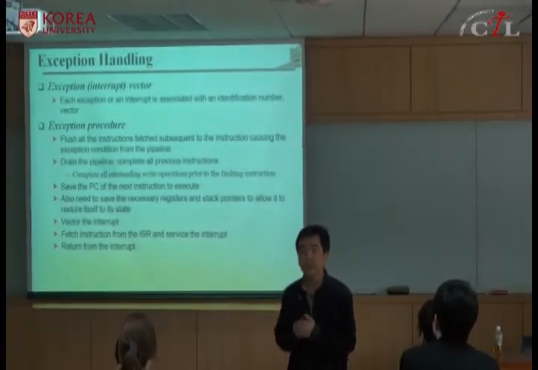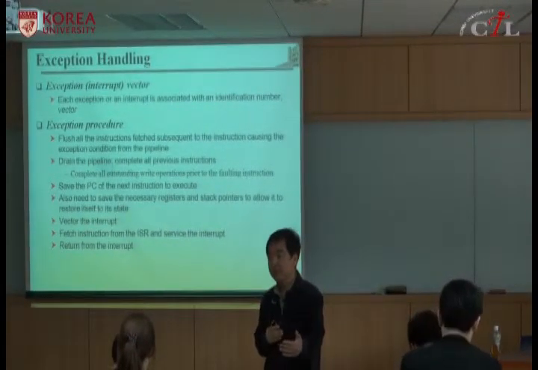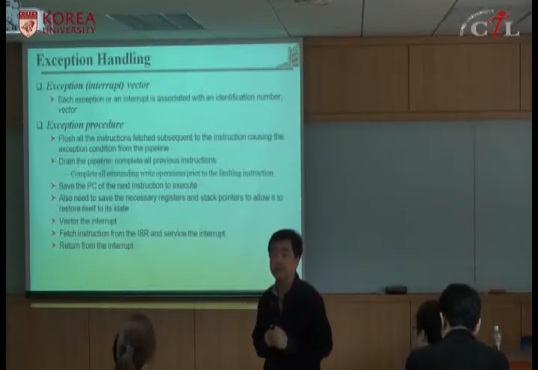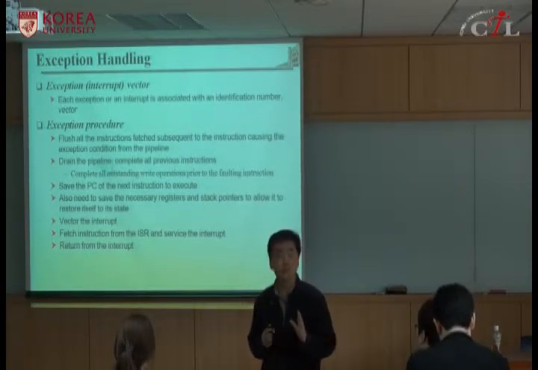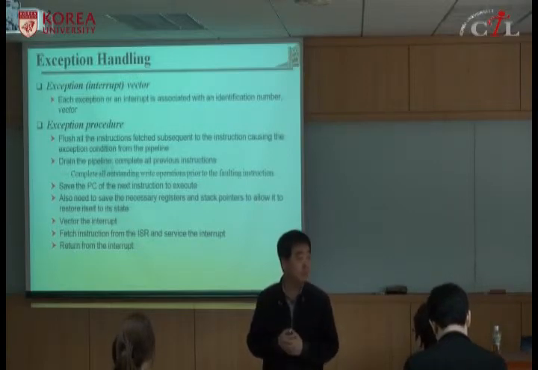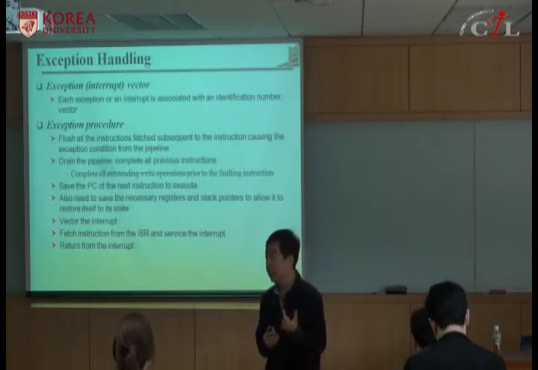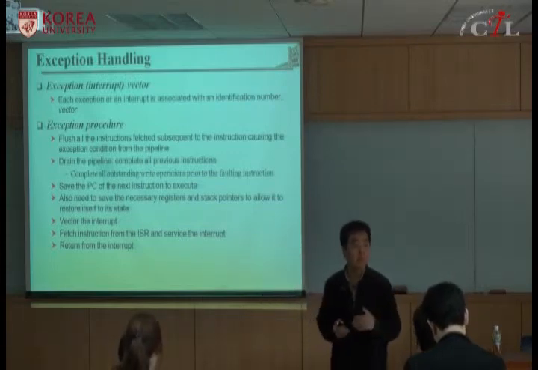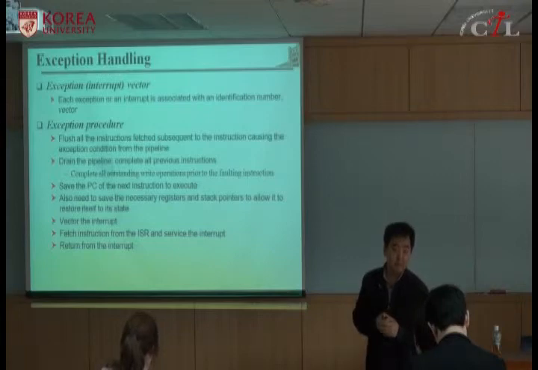For each processor, there is a definition of event number and exception vector. This is defined in the processor's reference manual. If you look up the manual, it defines all the different types of exceptions and interrupts that can happen.